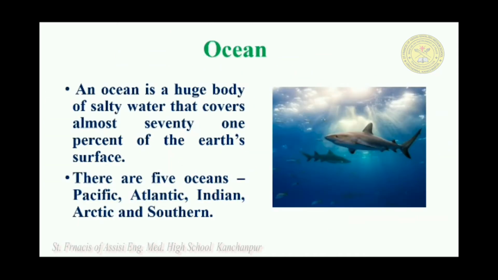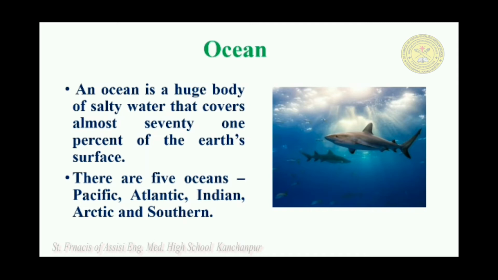Now ocean. So an ocean is a huge body of salty water that covers almost 71% of our surface. So there are 5 oceans, and they are Pacific, Atlantic, Indian, Arctic and Southern.